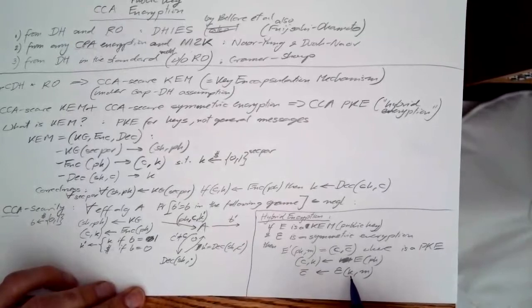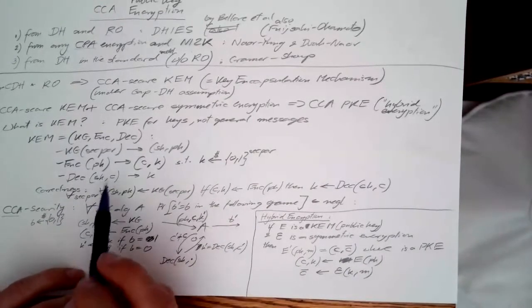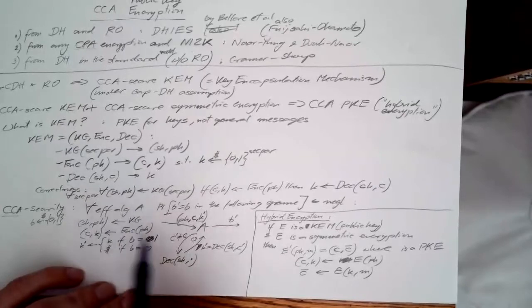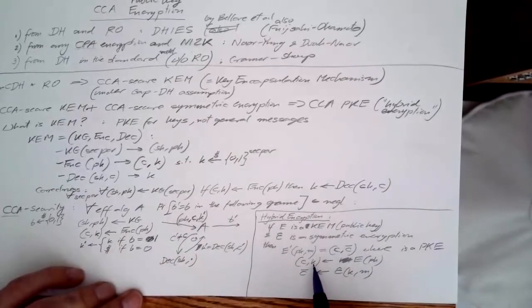How do we decrypt? Well, when you get C and C hat, first you decapsulate C using the secret key to get the key K. By correctness, it's the same one. And then you run the symmetric key decryption on C hat to get M back.